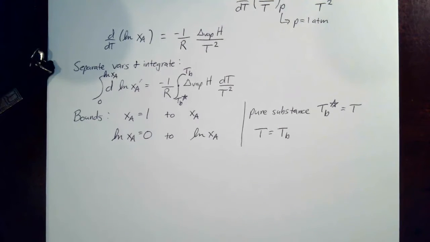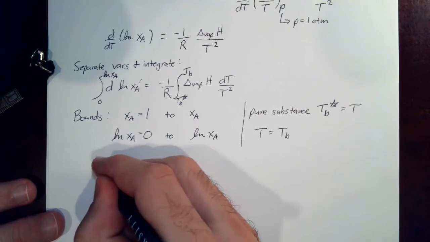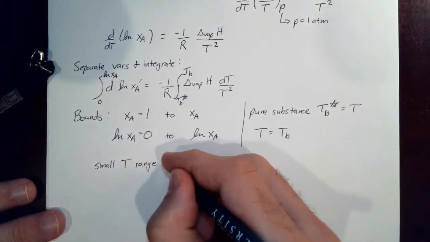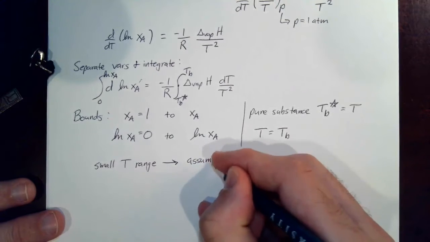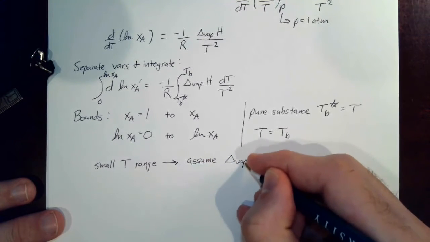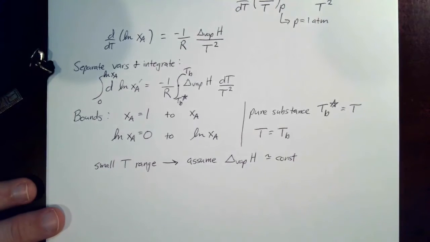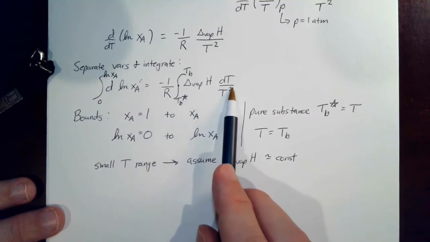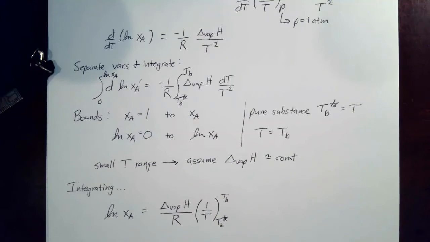Now we're going to do the same trick that we've been doing all semester. Since we're dealing with small temperature ranges only, we're going to assume that delta H is approximately constant. So then I can pull it out of this integral, and I get the integral of 1 over T squared, which is negative 1 over T. All right, so now I'll integrate.